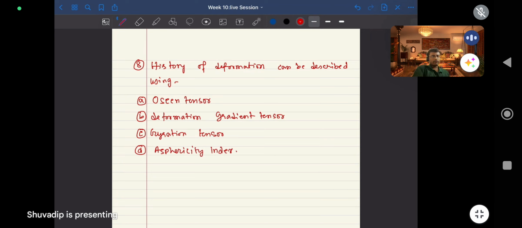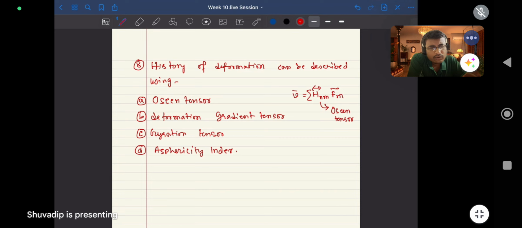So as we have multiple times discussed, the Oseen tensor is basically the tensor, the matrix which relates velocity to force. As we have discussed this relation, V is given by the sum over H times F. So this matrix is the Oseen tensor. So it has nothing to do with the history of deformation.